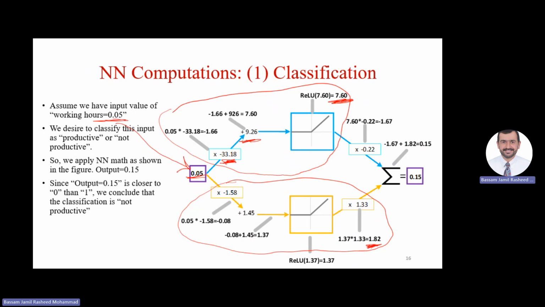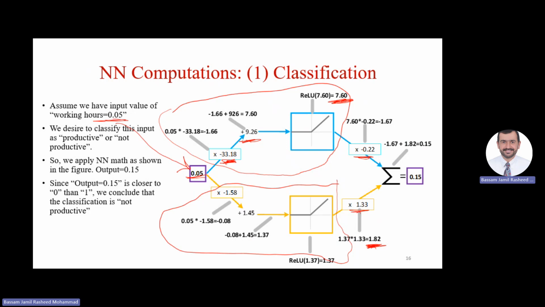So now we multiply this result. Okay, so this is the node boundary, and then I take this result here and multiply it by the weight for the upper node, and I get this result. I multiply it by the weight for the lower node.